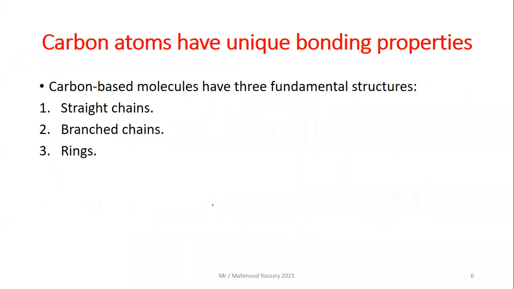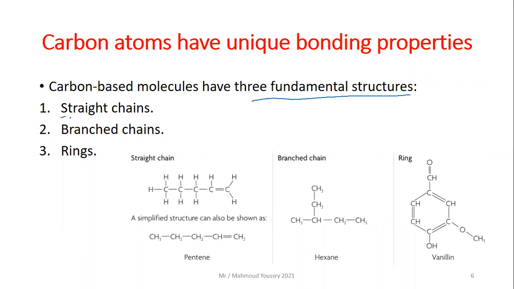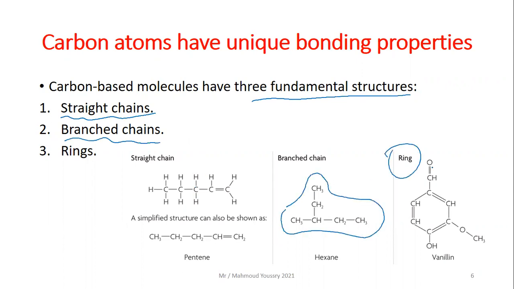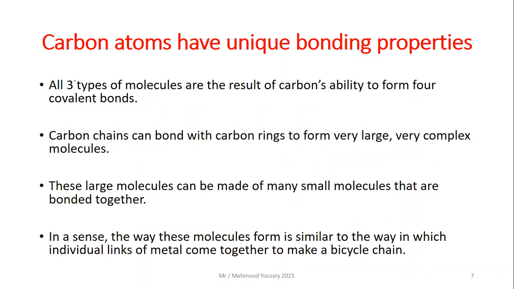This is very interesting. Carbon-based molecules are found in 3 fundamental structures. The straight chains, as you can see, the branched chains, the ones with branches, and the ring shape, as you can see here. So all carbon-based molecules have one of these 3 fundamental structures: straight chains, branched chains, or rings.